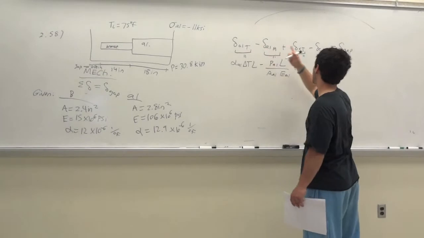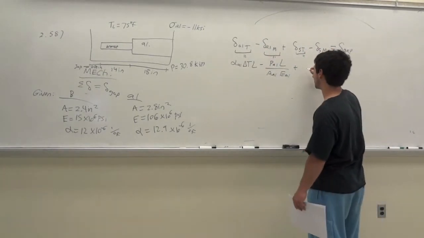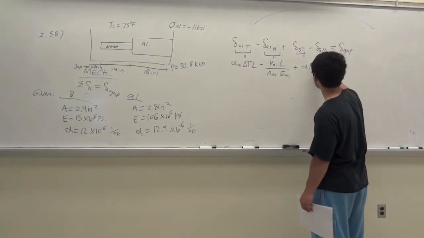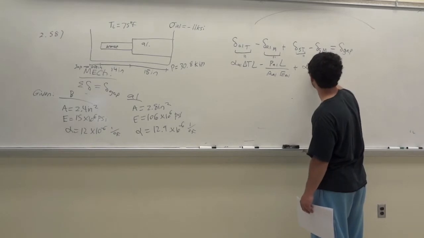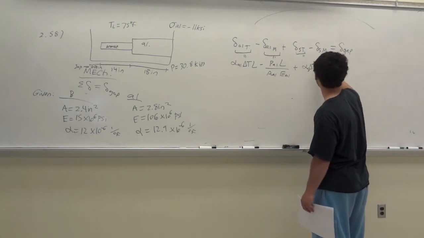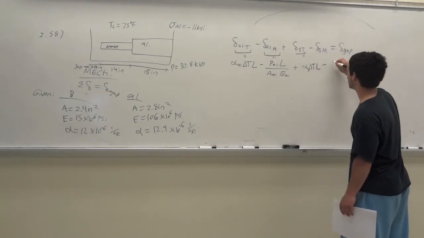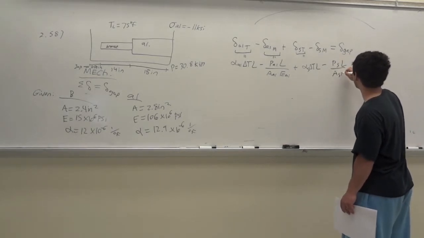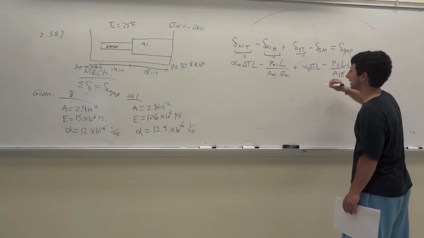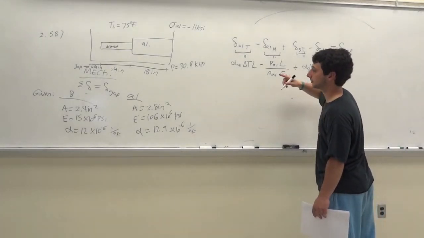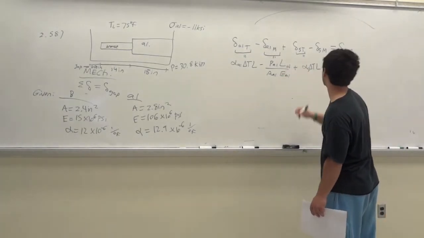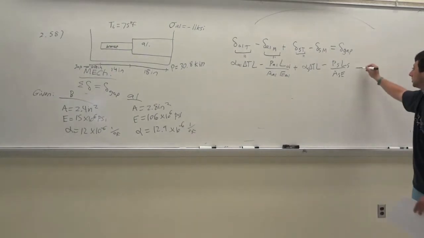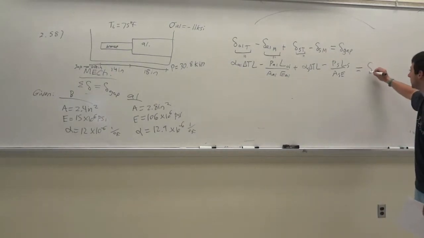It goes plus minus plus minus. Okay, so it's alpha, this is the steel, alpha delta T L, and then you have minus P S L over A S E. This should be an S. These L's aren't the same, right? So this is AL. Okay. And this is equal to the gap. Well, the gap we know is equal to 0.02 inches.